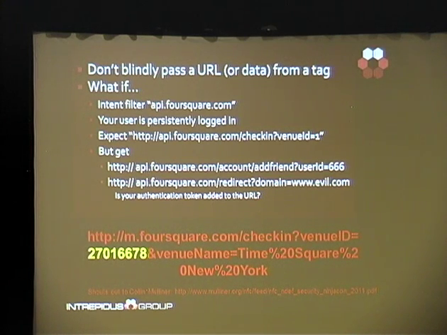If the application just blindly passes data received from the tag over to the server, and you have more sensitive functionality, such as add a follower or add a friend, you end up making all of those requests in the context of an authenticated session. As a result, you may end up adding a follower that you didn't really want to follow. So all sorts of stalking issues come up here.